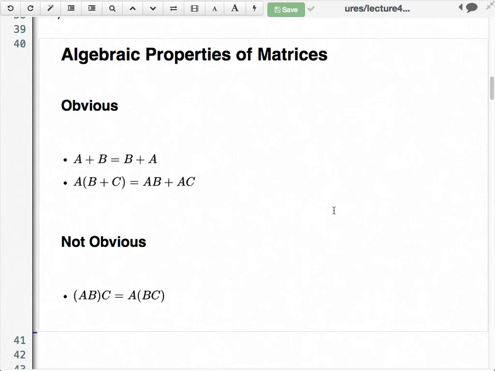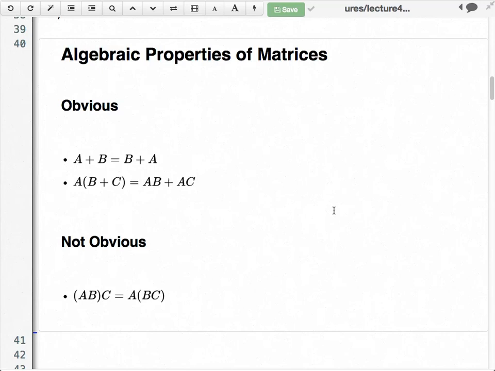So that is the ij entry of the product. Let me convince you that that's the same as what we've been doing already. This is a scary looking formula with lots of subscripts, but all it is the following. If A has these entries a_ij, that means the ith row is a_i1 through a_im.